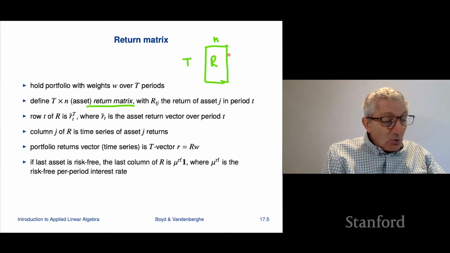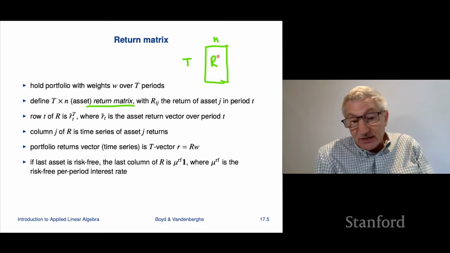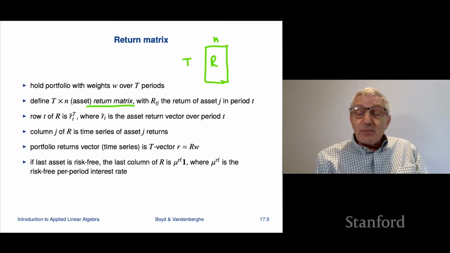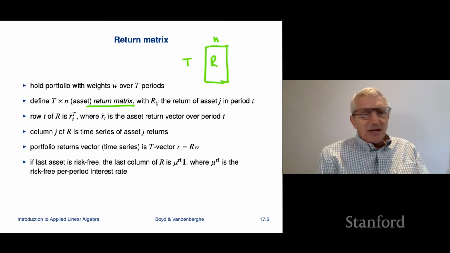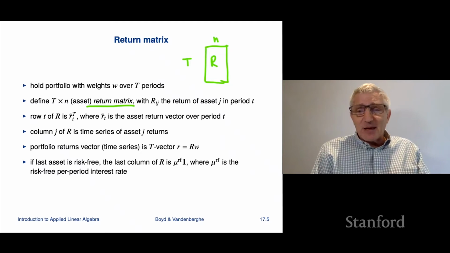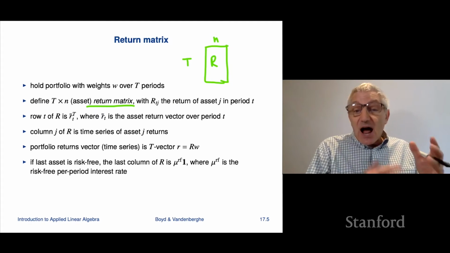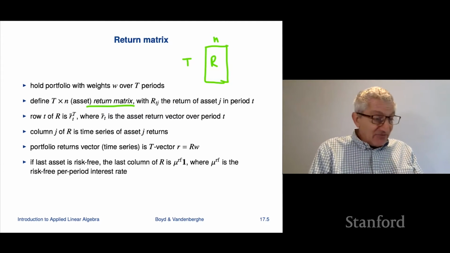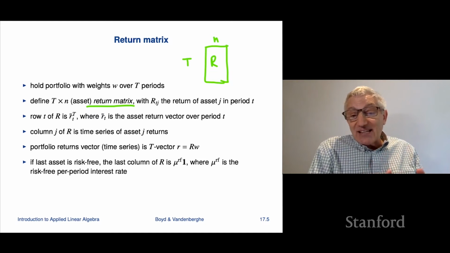Now, the rows correspond to periods, time periods. A very common thing would be a day, right? But the math works if this is every 1 minute, every week, quarter, year, it really doesn't matter. But I'll continue speaking as if we're talking about daily stuff.